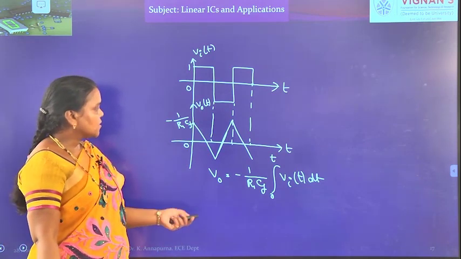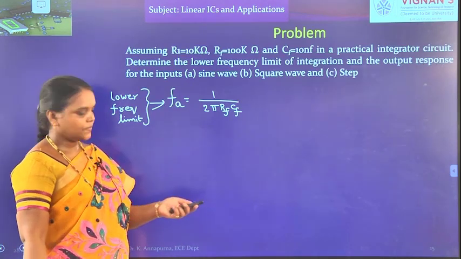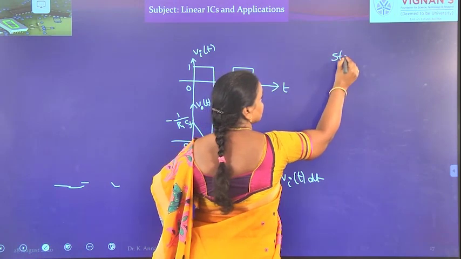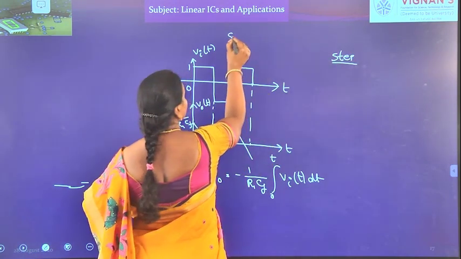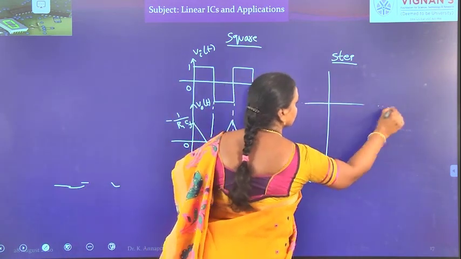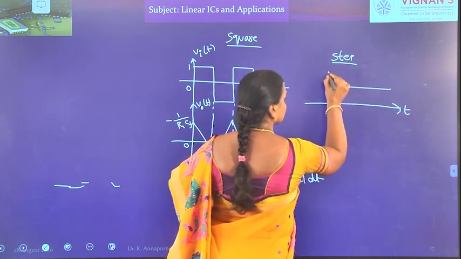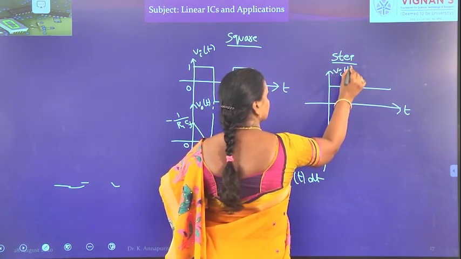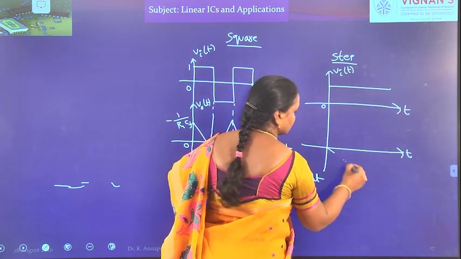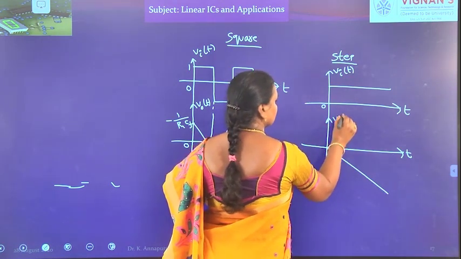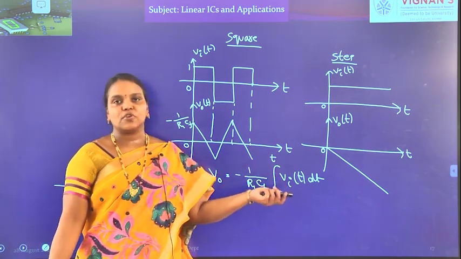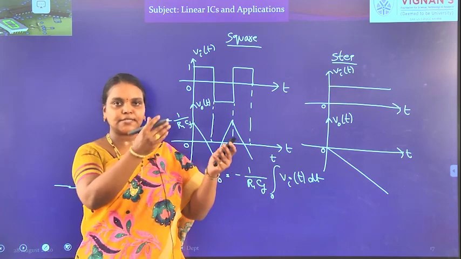And the next one, what is the next input we have to check? Step. So, for step, linearly it is decreasing because it is having a negative sign, it is negatively increasing.